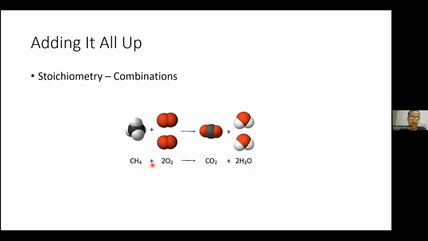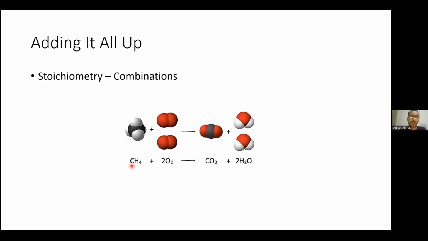So we can say that when one molecule of methane reacts with 2 molecules of oxygen, it is producing 1 molecule of carbon dioxide, and it is producing 2 molecules of water. So these are stoichiometrically equivalent. These are all equal ratios, and they will change proportionally.